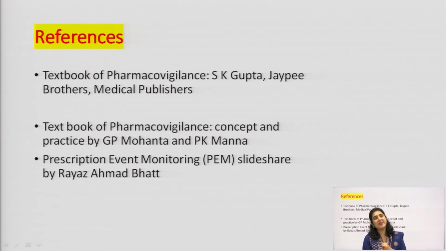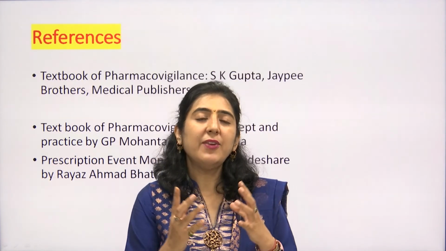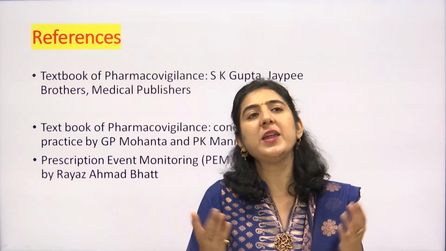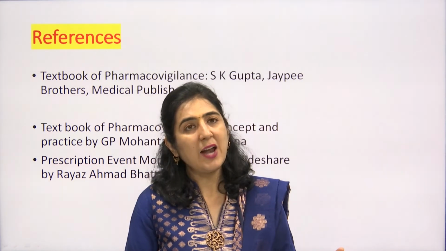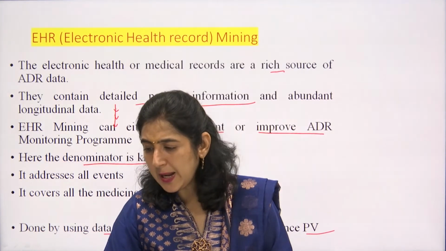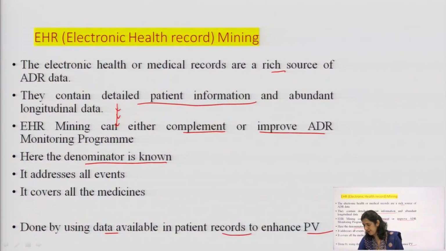Third, we have seen sentinel sites. That means they are special community sites from which the data is collected. And the last one was record mining. If we simply take the data from medical records and follow up the patients, we are able to find out the ADRs. We can address all events.